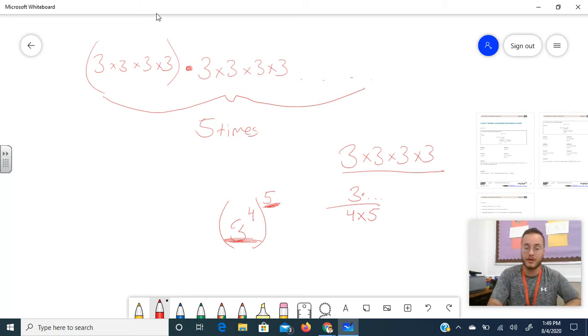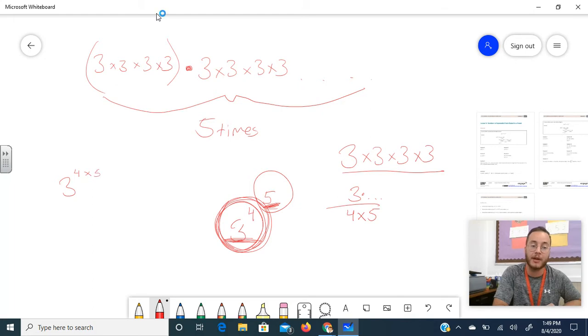All of this was to show you that anytime you have an exponential notation being raised to another power, all that means is you have your exponent, the 3 to the 4th power, being multiplied by itself another 5 times. So if you have 3 to the 4th power to the 5th power, it's the same thing as saying I have 3 to the 4th power times the 5th power.